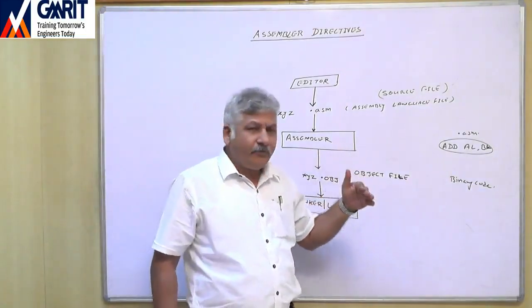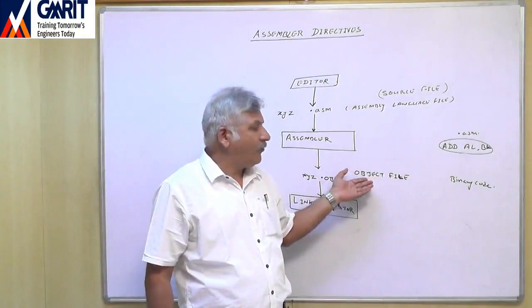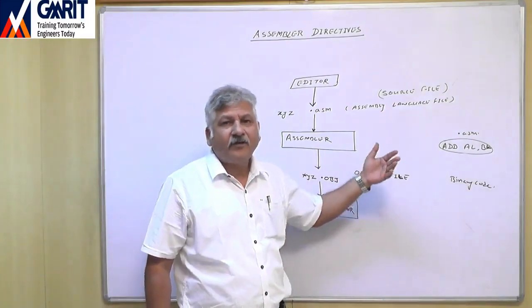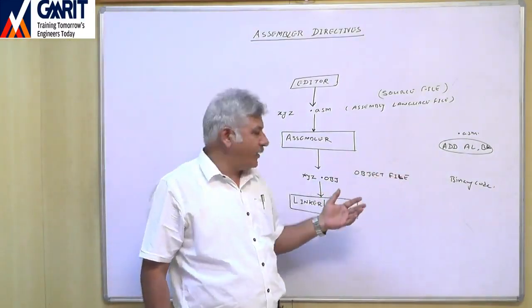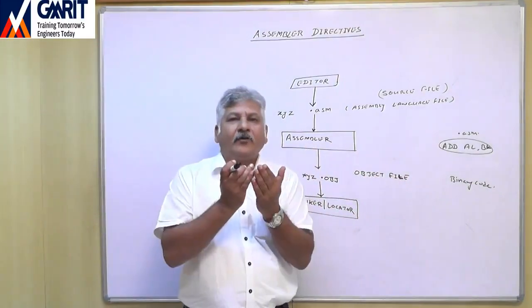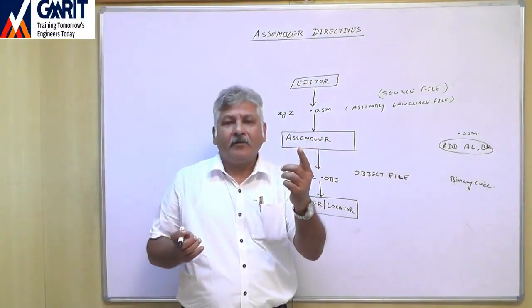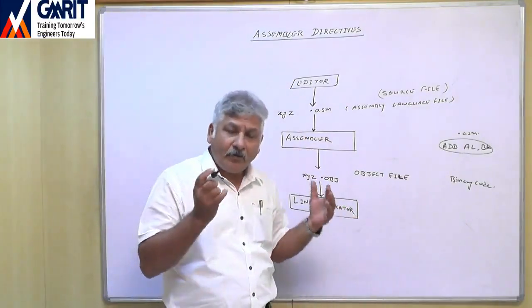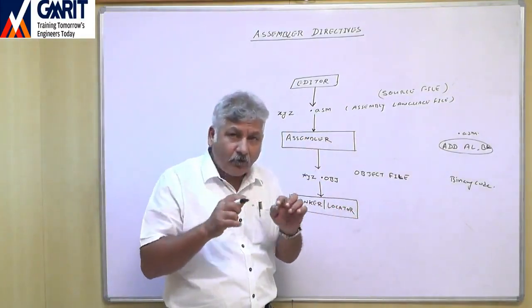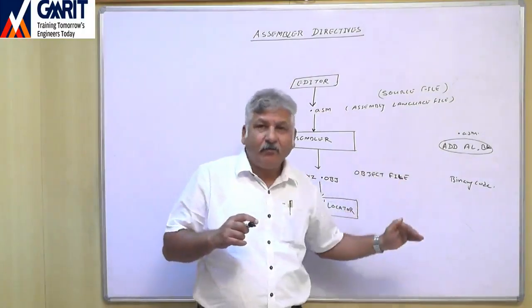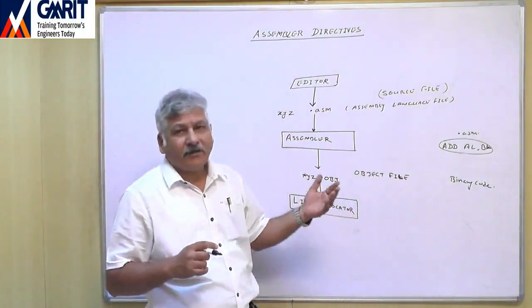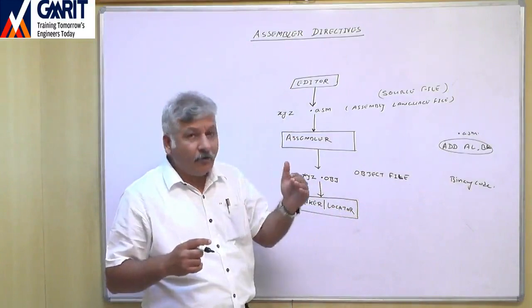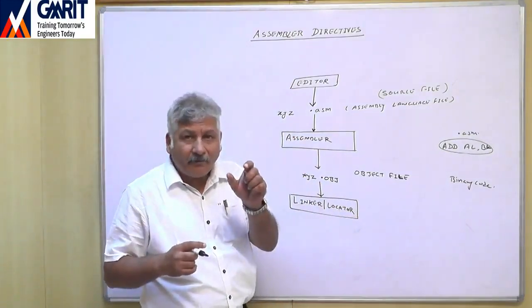If in our project we have more than one object file, suppose there are two or three object files, the linker will link those files into one file. And the locator will assign the memory locations of your code memory to the binary code.